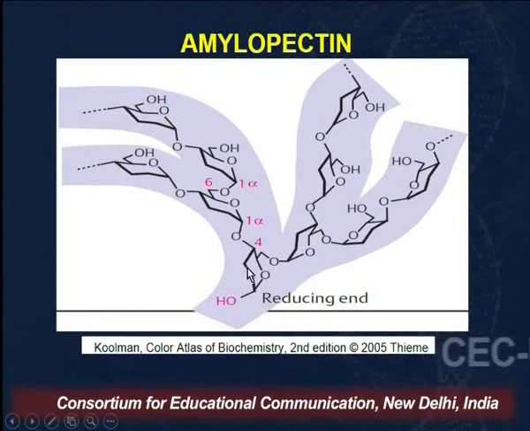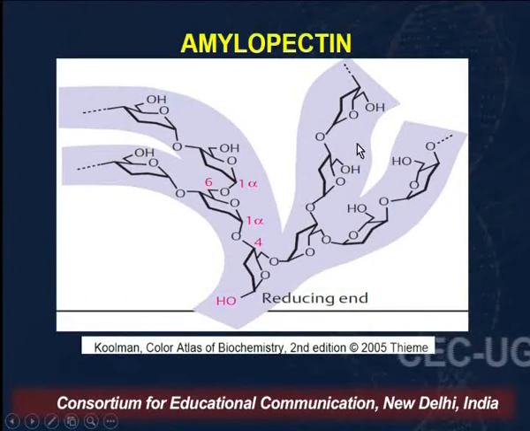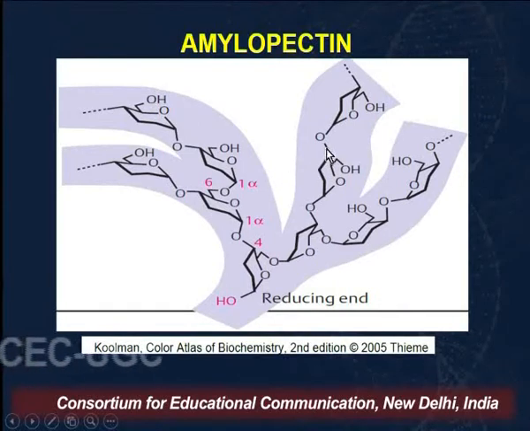It is one of the units of starch and glycogen. But the reducing ends are very few compared to the non-reducing ends. Like this is a non-reducing end, this is again a non-reducing end. So this molecule, in spite of having reducing ends, will be a non-reducing carbohydrate.